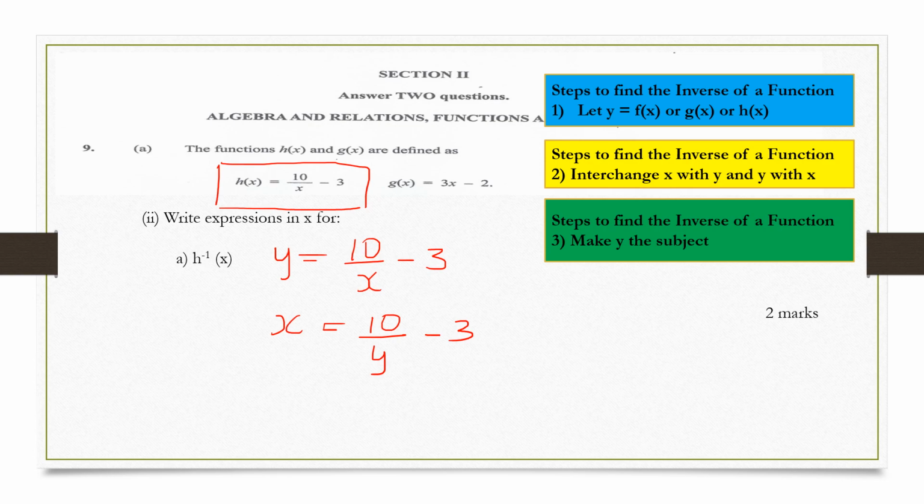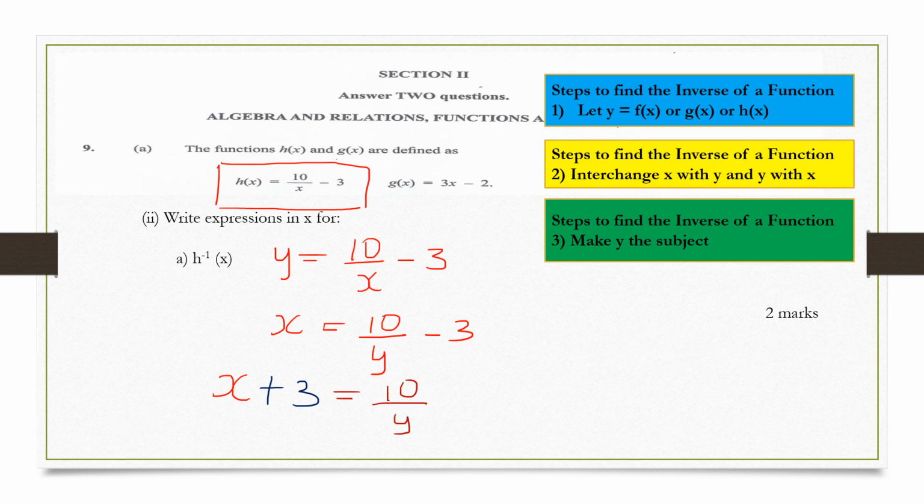So according to this, we have 10 over y. So we need to first get rid of this minus 3. So I'm going to take it over to the left hand side. So then that's going to become a plus 3 is equal to 10 over y.